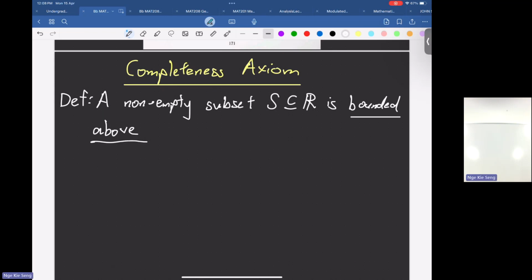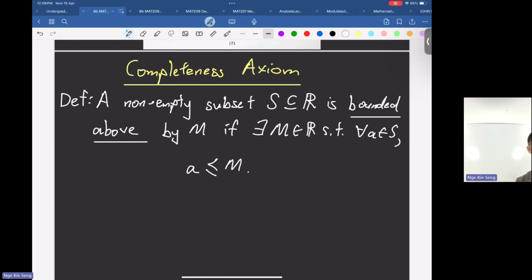Bounded above by M, let's say, if this number M is in the real numbers, such that for everything in my set, all the elements are smaller or equal to M. Then this is bounded above by M. So the set is bounded above by M if everything inside is less than or equal to M. And in this case, what do we call this M? It is called an upper bound for X.